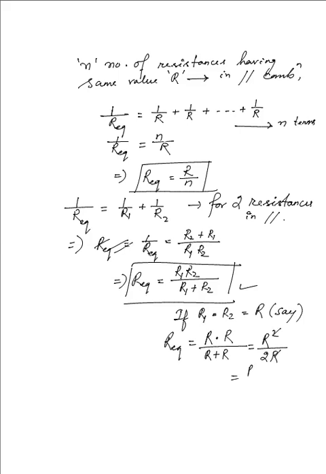So we have R divided by 2, that is R by n, n in this case being equal to 2. So it's the same thing given in a different way, but nevertheless will be beneficial in solving numericals related to bigger circuits that are to follow.